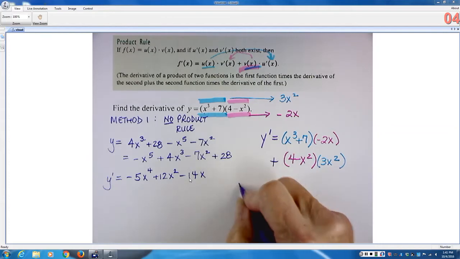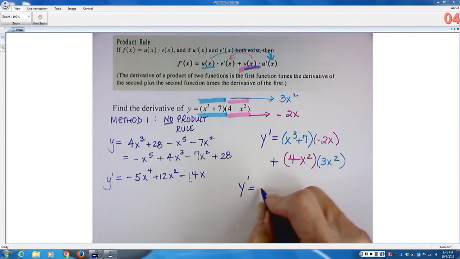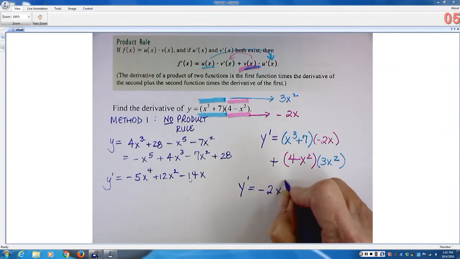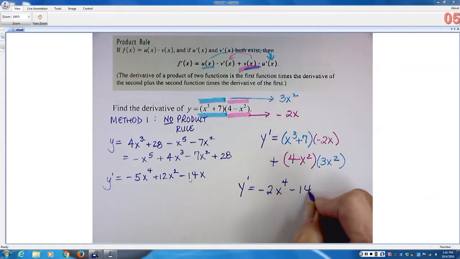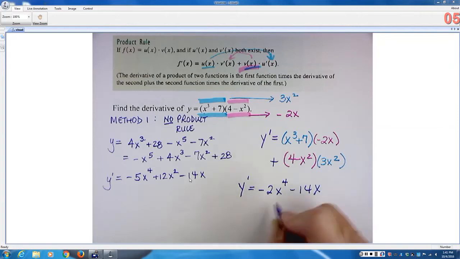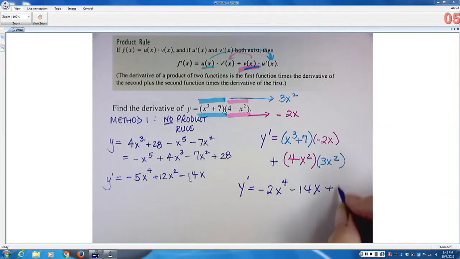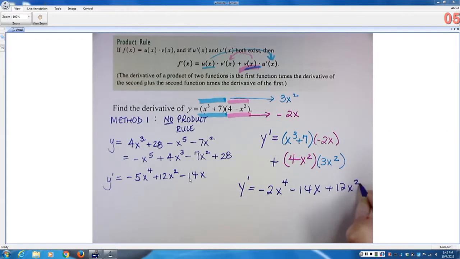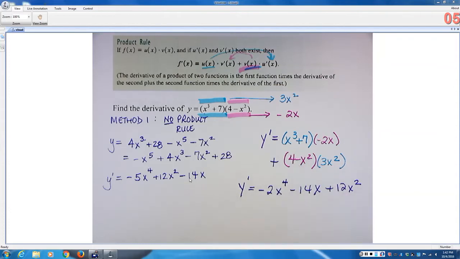So then y prime becomes negative 2x times x cubed, minus 2 times 7 is negative 14x, plus 3x squared times 4 is 12x squared. 3x squared times x squared is 3x to the fourth, and that's a subtraction.